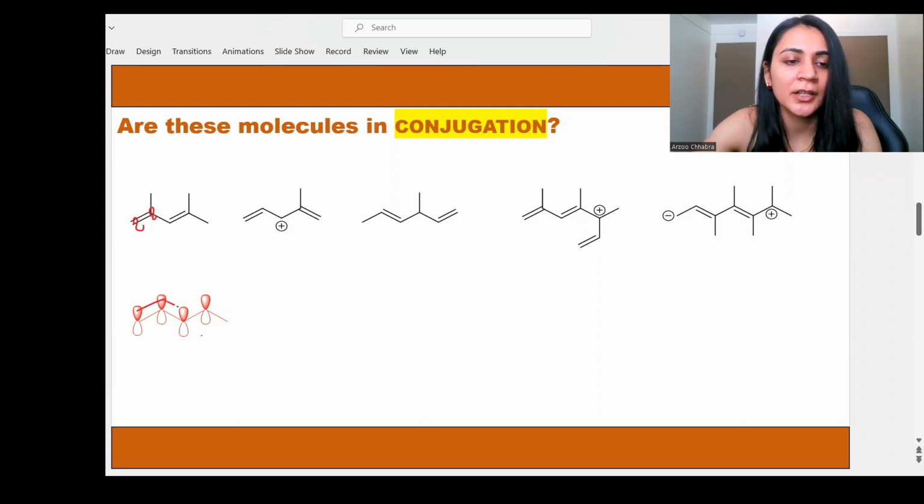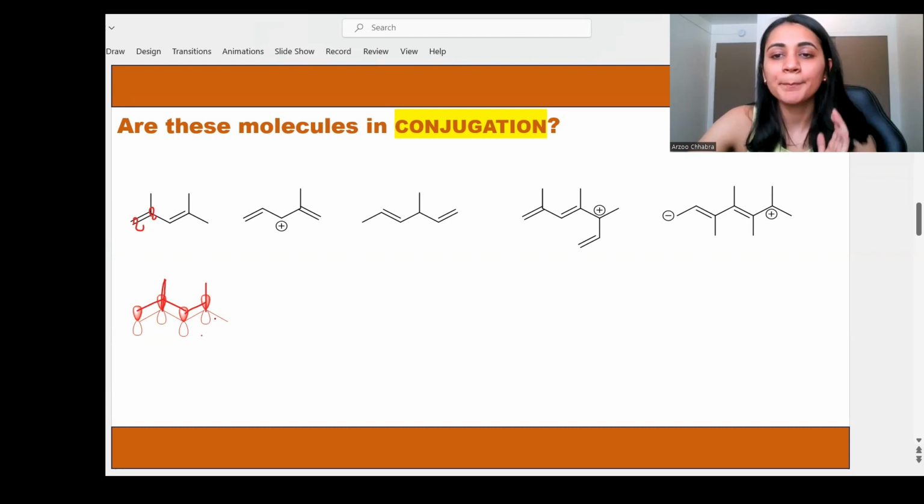This is in conjugation. They're connected, right? And this orbital diagram does not include this bond and this bond, and they're supposed to be there, but they're not there, just for the purpose of explanation of using these p orbitals. Okay, all right.